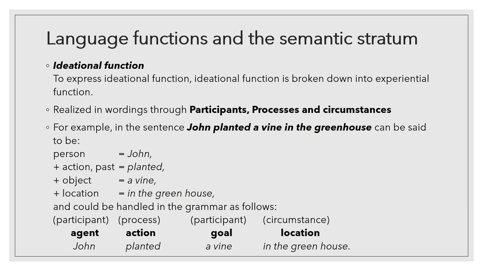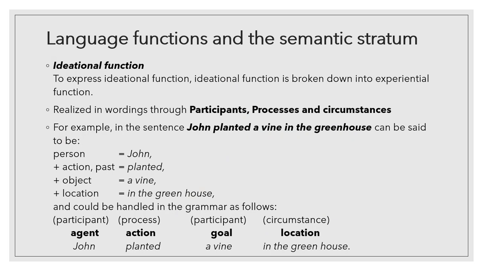So, to express ideational function, the function is broken down into experiential functions. After you express those, they will be realized in the wording through participants, processes, and circumstances. For example, we have the sentence, John planted a vine in the greenhouse.